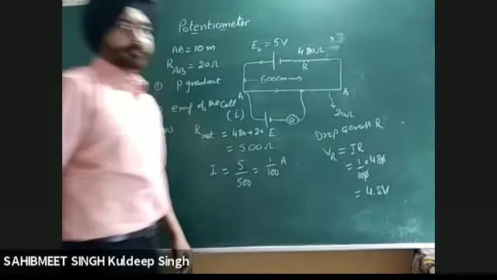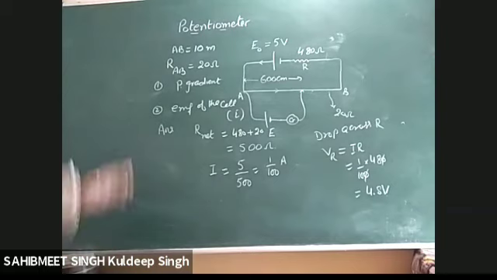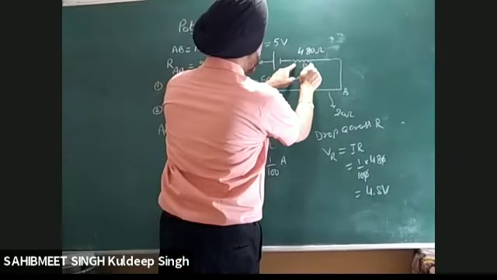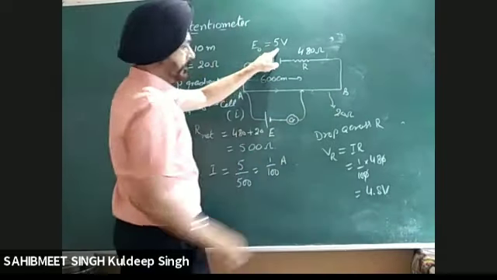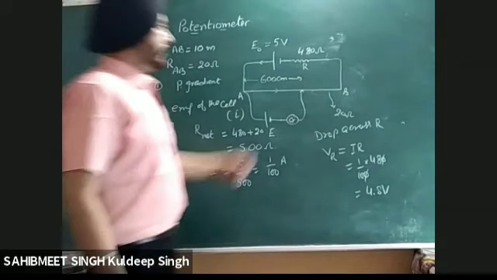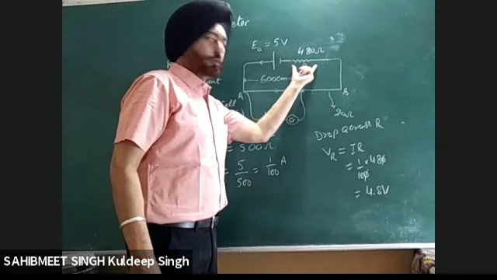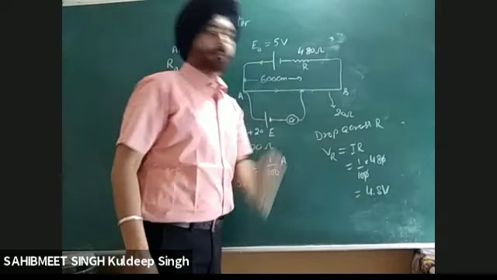Very interesting. A lot of voltage dropped across the resistance. 4.8 volt. If 4.8 volt is dropped here, how much will go to the wire? 5 minus 4.8 volt. Because this resistance has consumed, has eaten how much voltage? 4.8 volt.